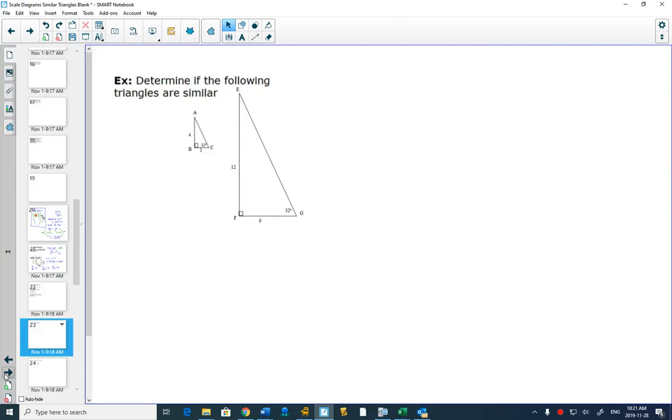Okay. Are these triangles similar? If they're similar, are the corresponding angles the same? This one's 90, this one's 90. Check, check. What about this one? Are these angles the same? 32, 32. Yes.